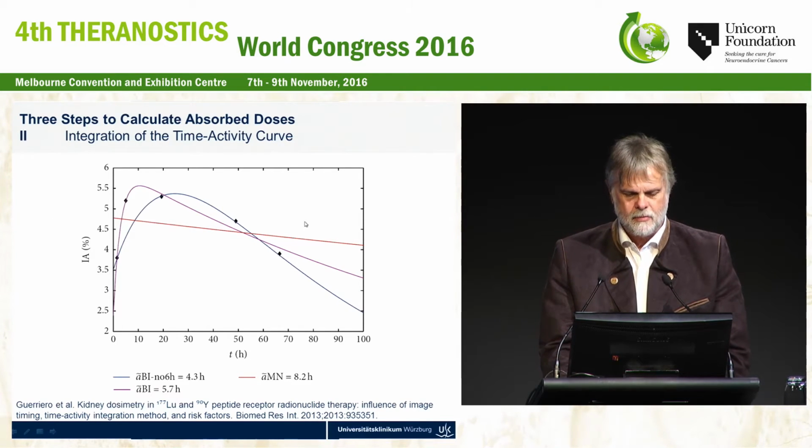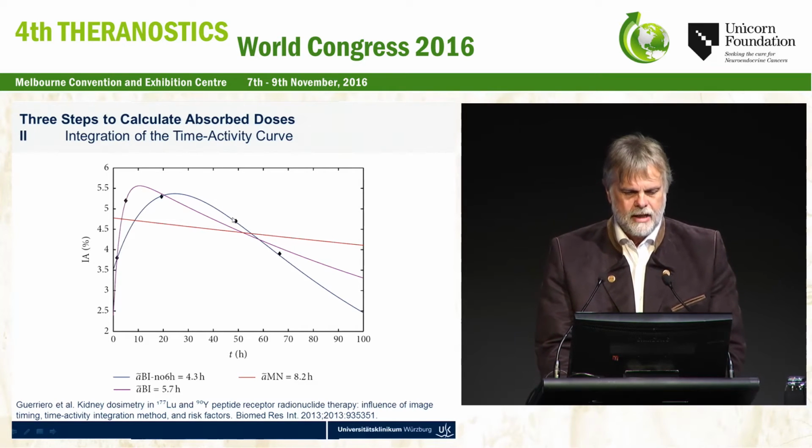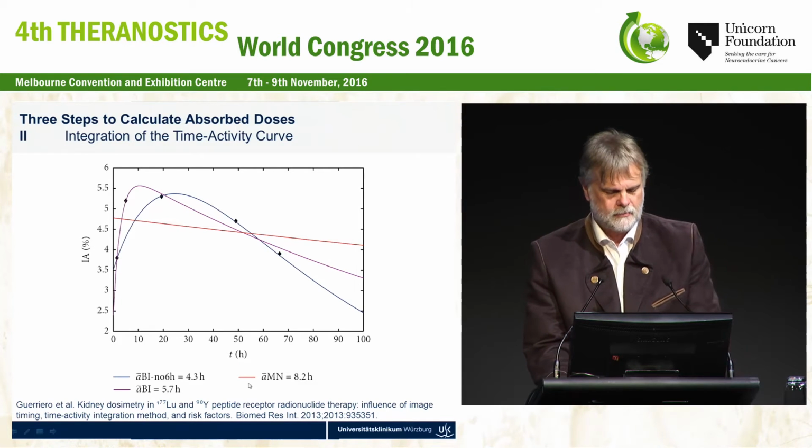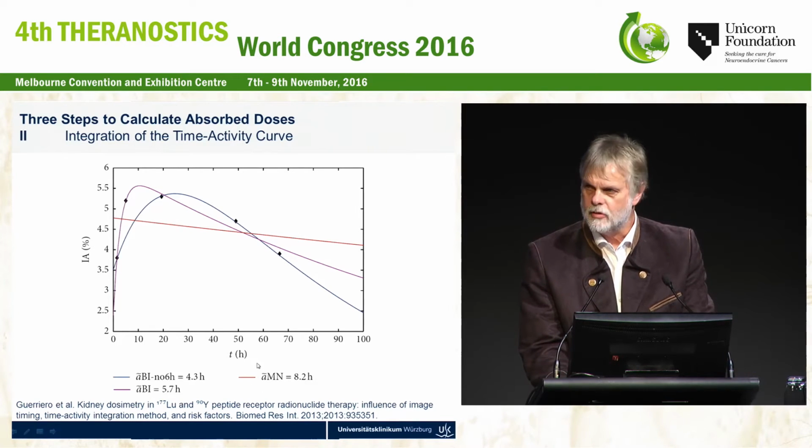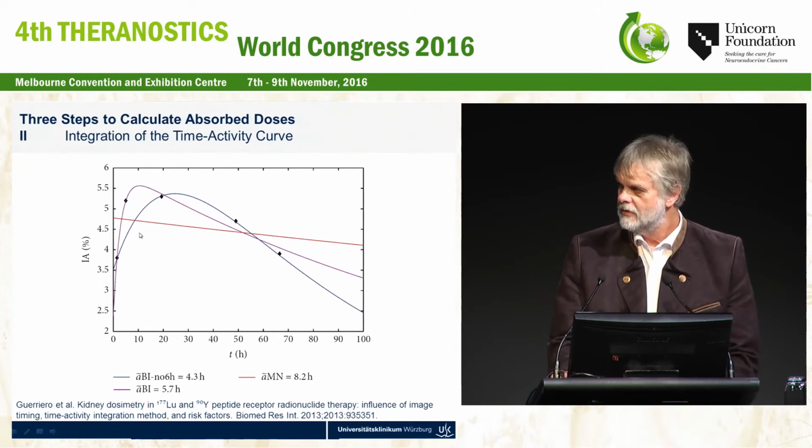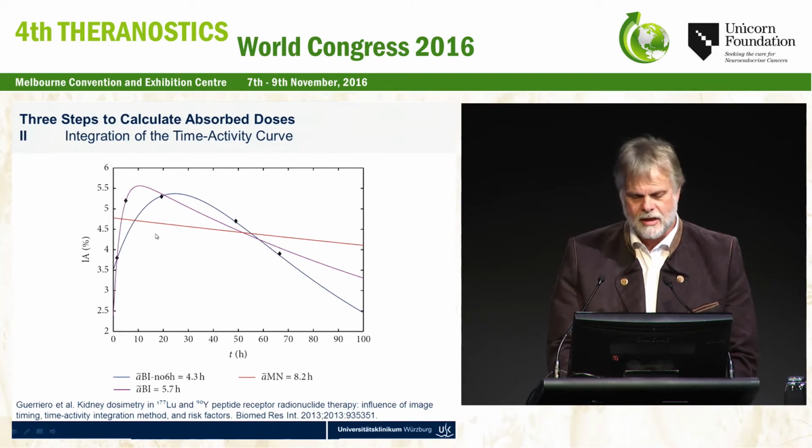If you do a mono-exponential fit or a bi-exponential fit through the 4 data points, omitting this one data point, you end up with almost a factor of 2 in the area under the curve. That is directly related to your absorbed dose. That means if you don't do the right fitting procedure, you end up with a potential factor of 2 in the absorbed dose just by the integration process alone.